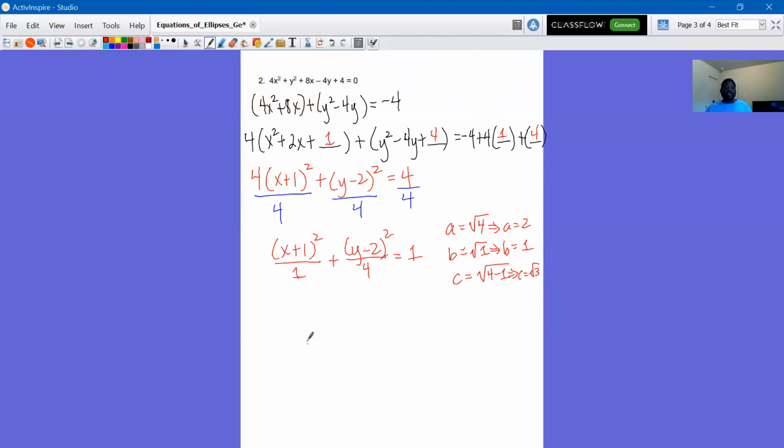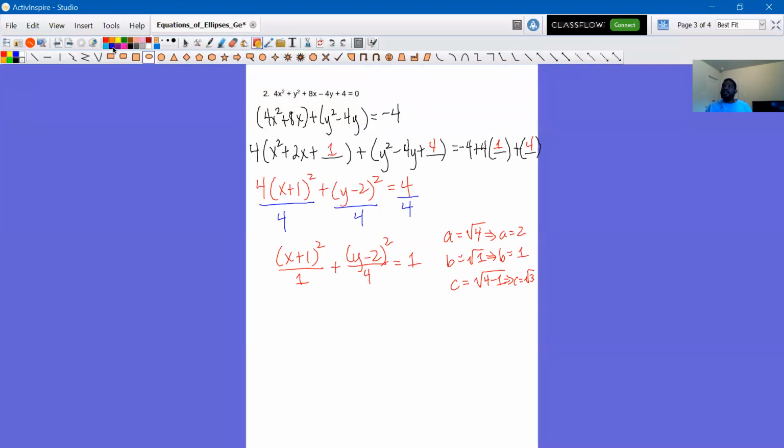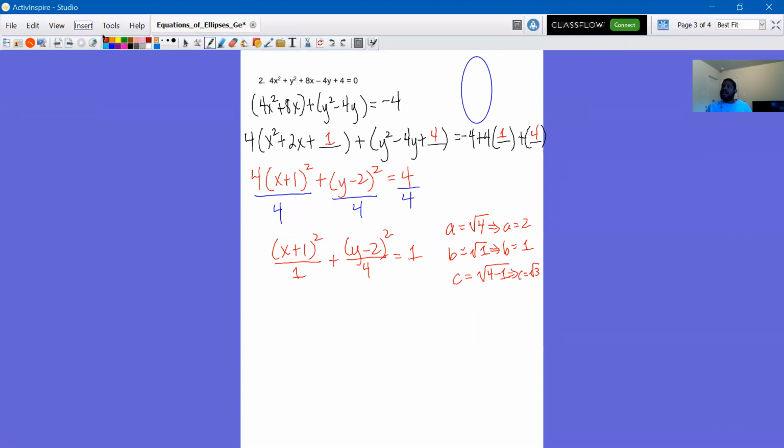So that's going to be interesting when we write our description of the ellipse. So because A squared is under the y term, that means our ellipse is drawn or is stretched vertically. So I'm going to label my different parts. So there's the center there. My focus point is here and here.